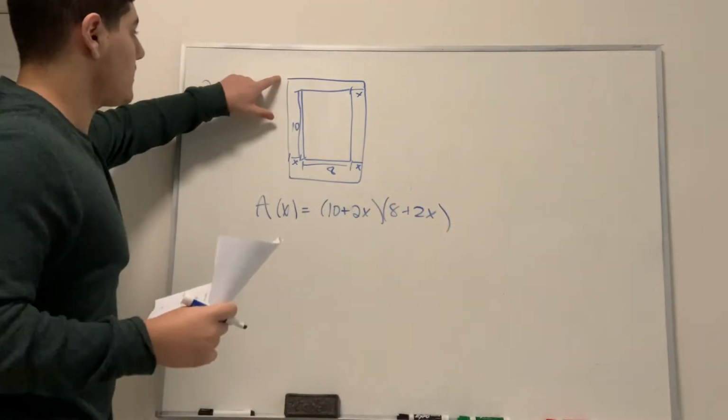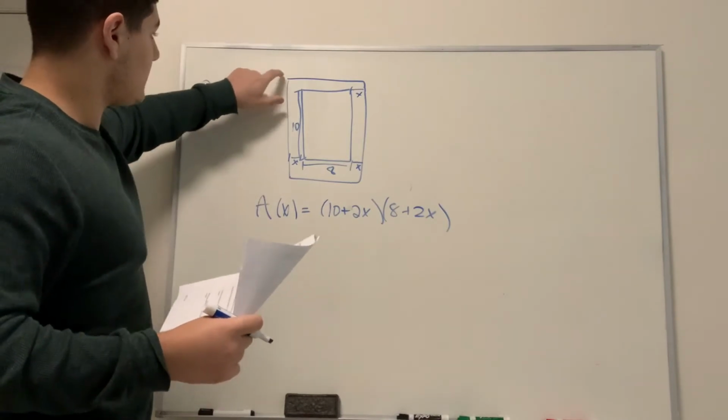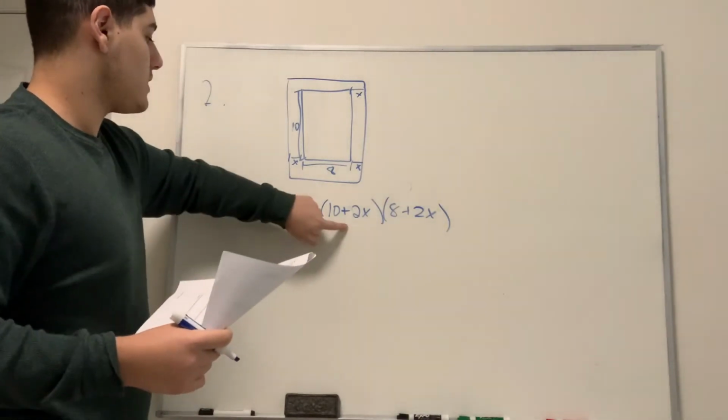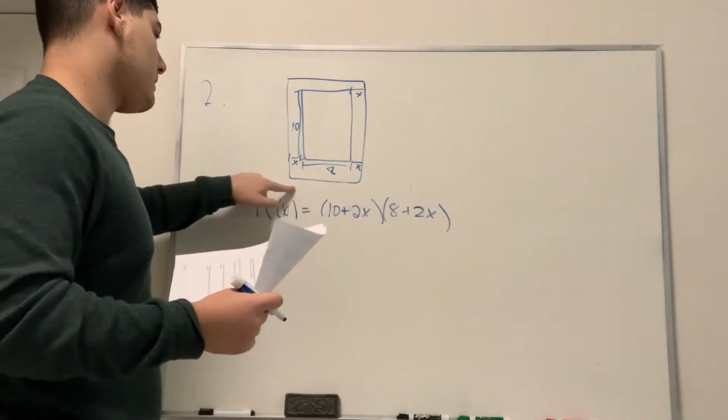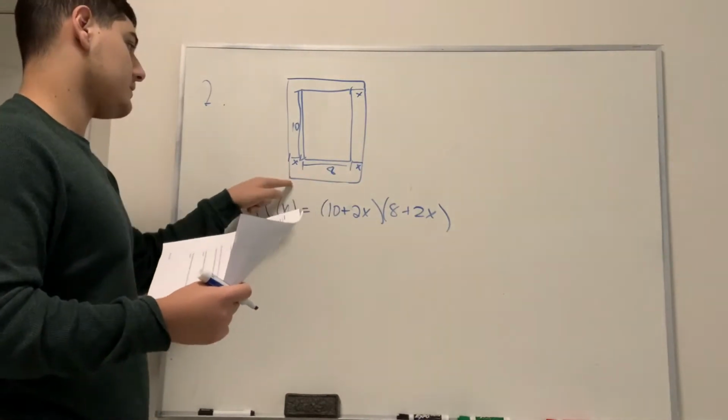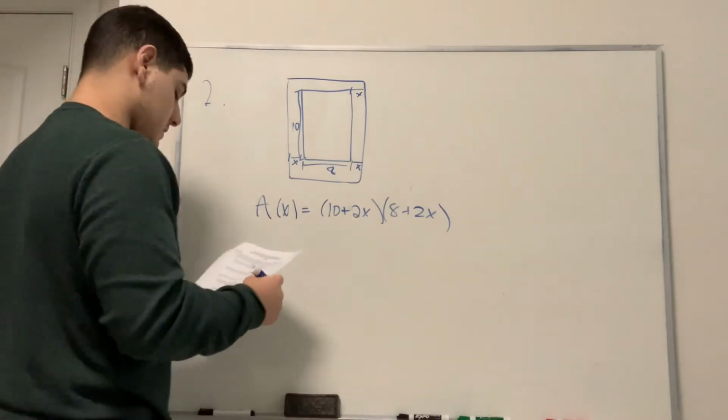Because we want this side's length, which is 10 plus 2x, and this side's length, which is 8 plus 2x.